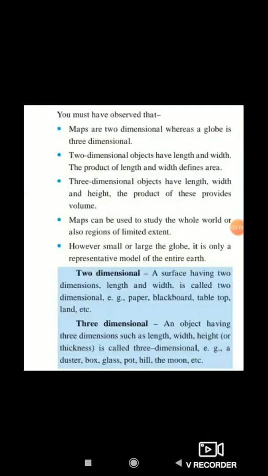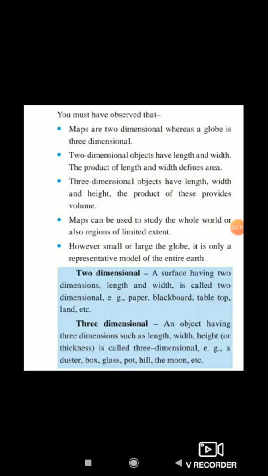Now next, let's see the difference between the map and the globe. See, first let's see the map. Maps are two-dimensional, whereas globe is three-dimensional.